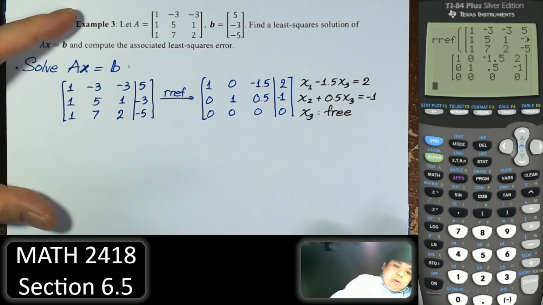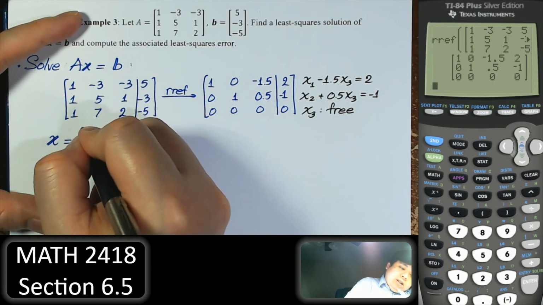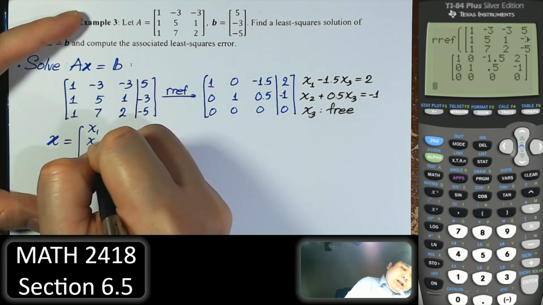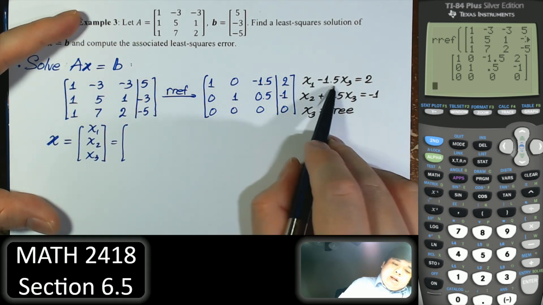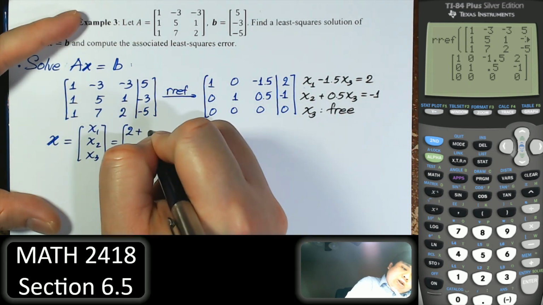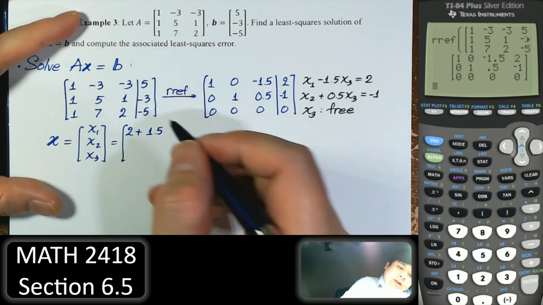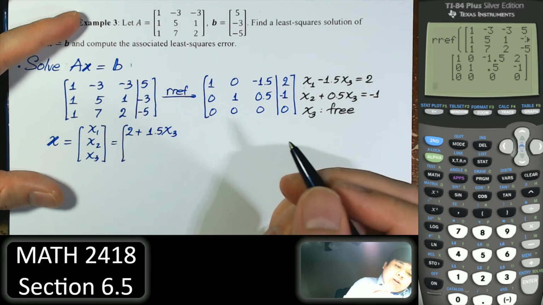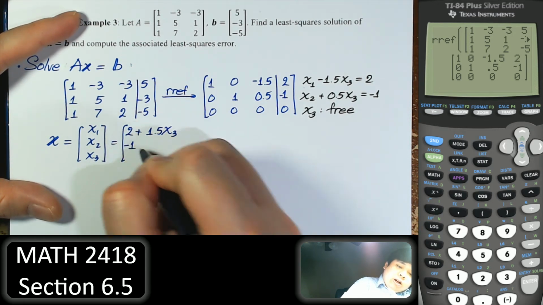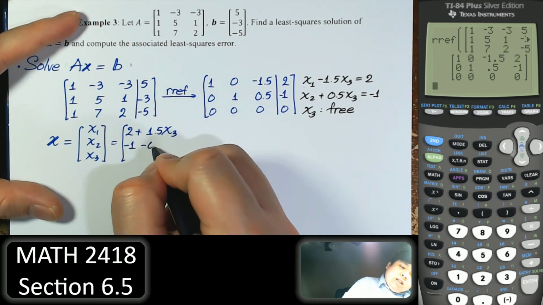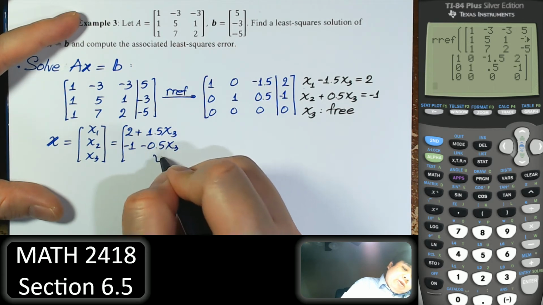So we have x equal to x1, x2, x3. x1 is 2 plus 1.5 x3. x2 is negative 1, subtract 0.5 x3, and x3 is x3.